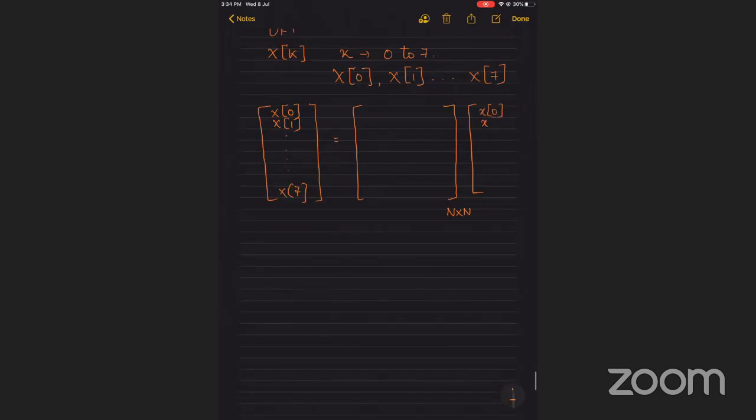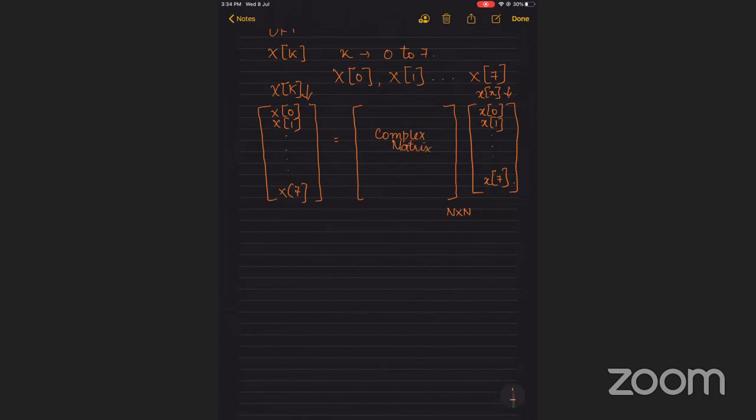This is the time domain, and I go on till x of 7. This is X of k, and this is x of n. So I am going to have an N cross N matrix. This matrix is a complex matrix because I am going to have all kinds of e power minus j terms.